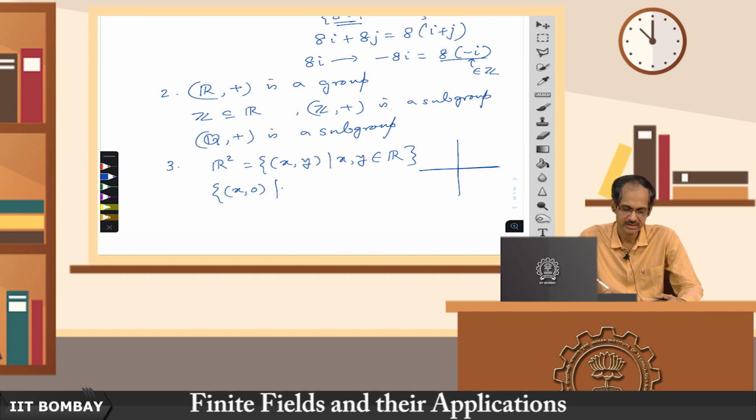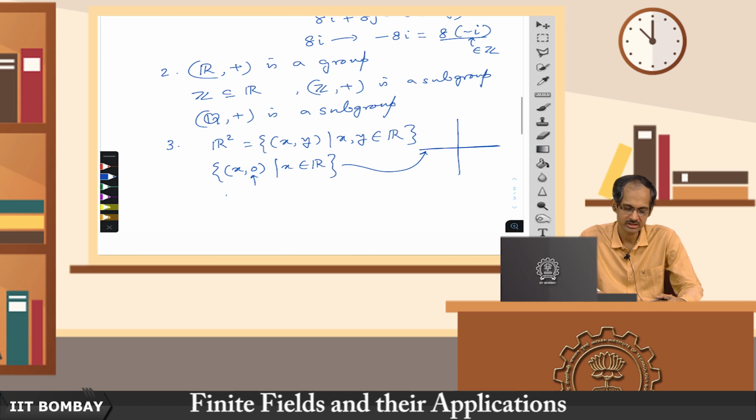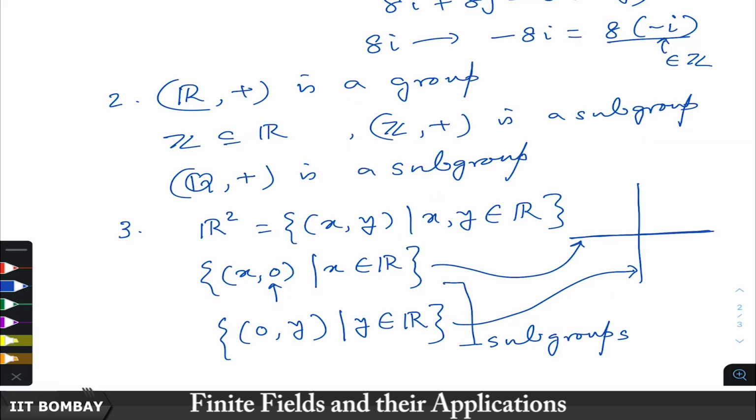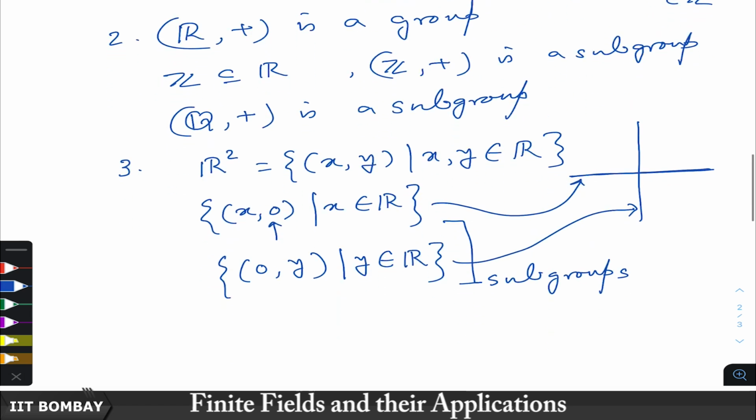You can write this as (x, 0), where x belongs to R. You fix the second component to be 0, then you get the subset which corresponds to the x axis. If you take the set of (0, y), y belongs to R, this corresponds to the y axis, and both of these form subgroups.